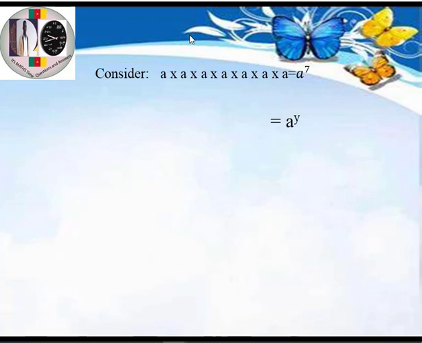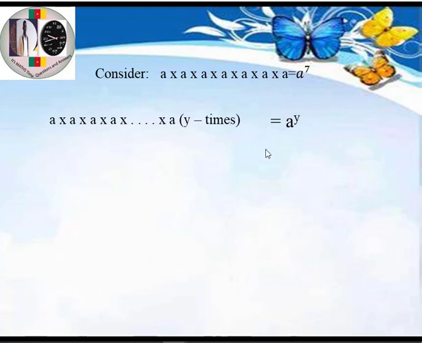The number of times a number is multiplied by itself is called the power, and the number that multiplies itself is called the base. So if a number a is multiplying itself y times, we can represent it as a power y in index notation, where y is the number of times a is multiplying itself.